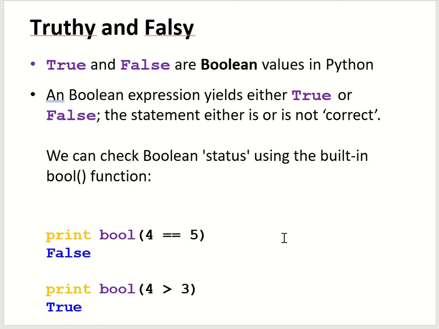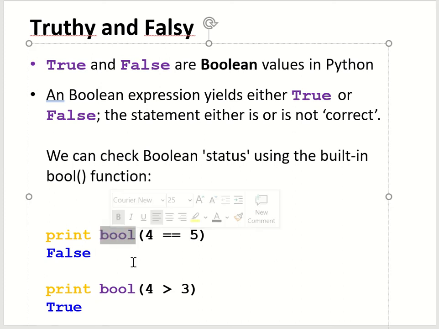Those can be evaluated and the output is either true or false based on whether or not it's correct. So here's some examples using the built-in bool function. The bool 4 equals 5, it's false because those are not the same number. Bool 4 greater than 3, that is true.